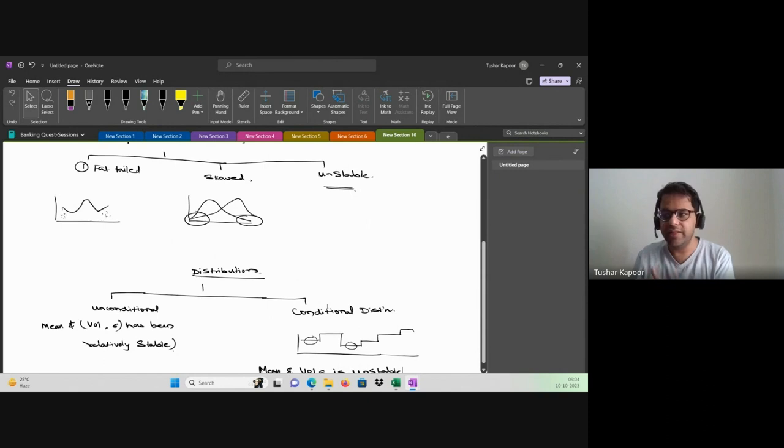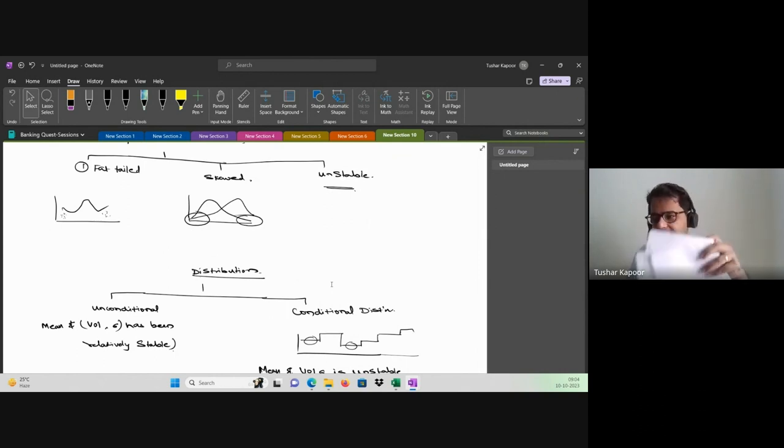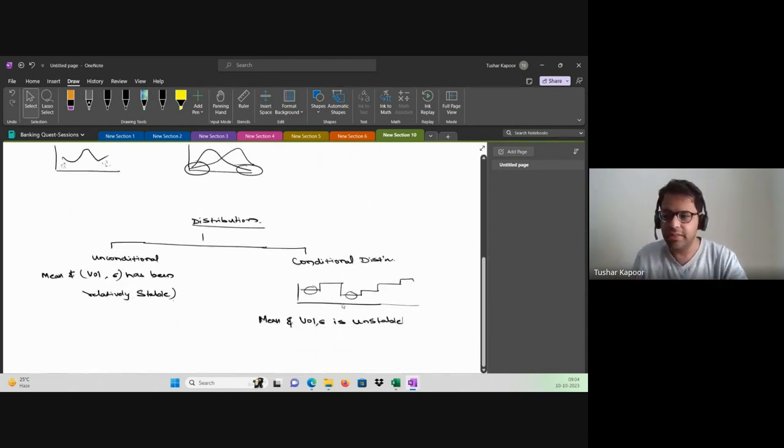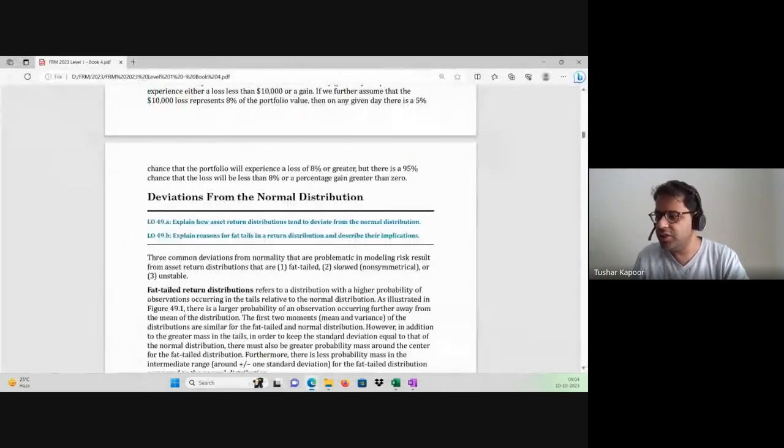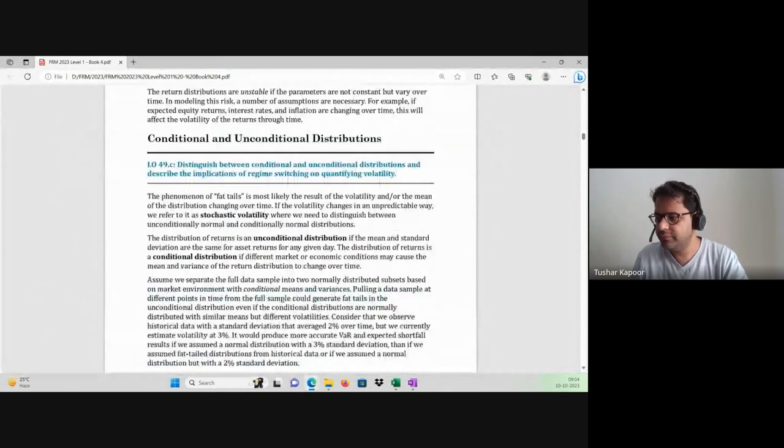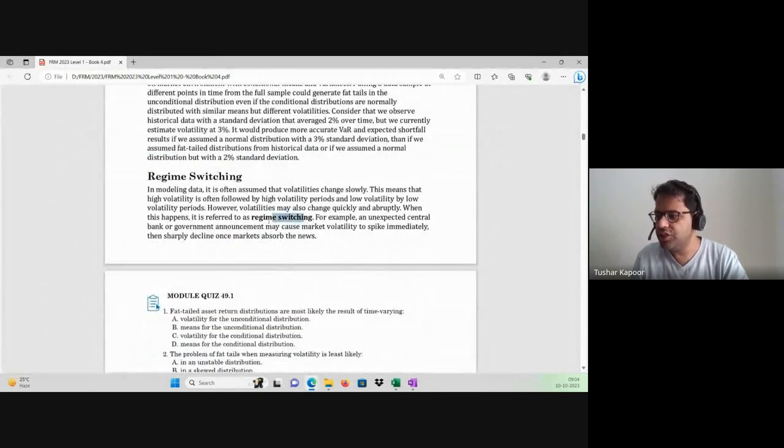But if you take conditional data, you'll have a fat tail in your data, you'll have skewness in your data, and the time period it is representing is also going to be unstable. And that is where, because times are more like conditional distributions realistically, you need a regime switching model. That is where they talk about a regime switching model.